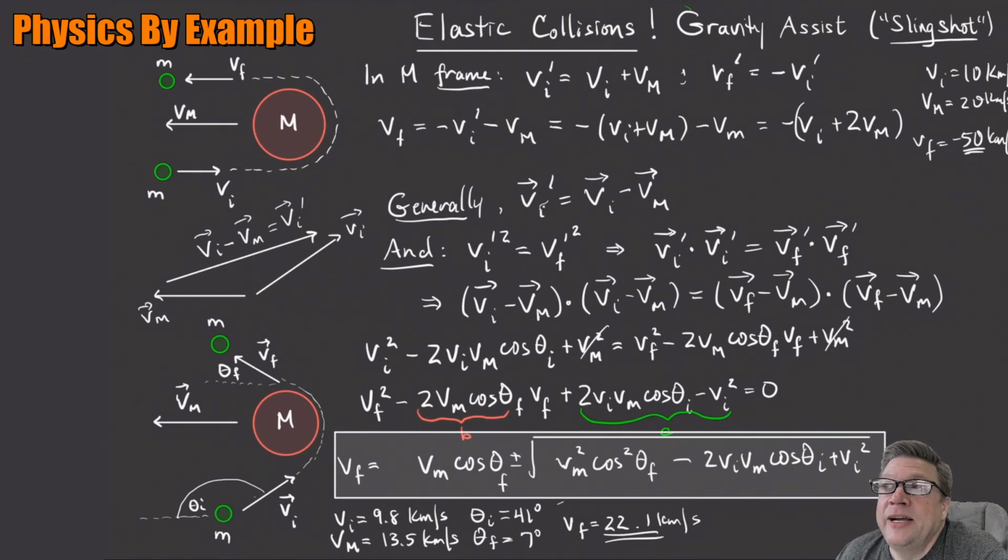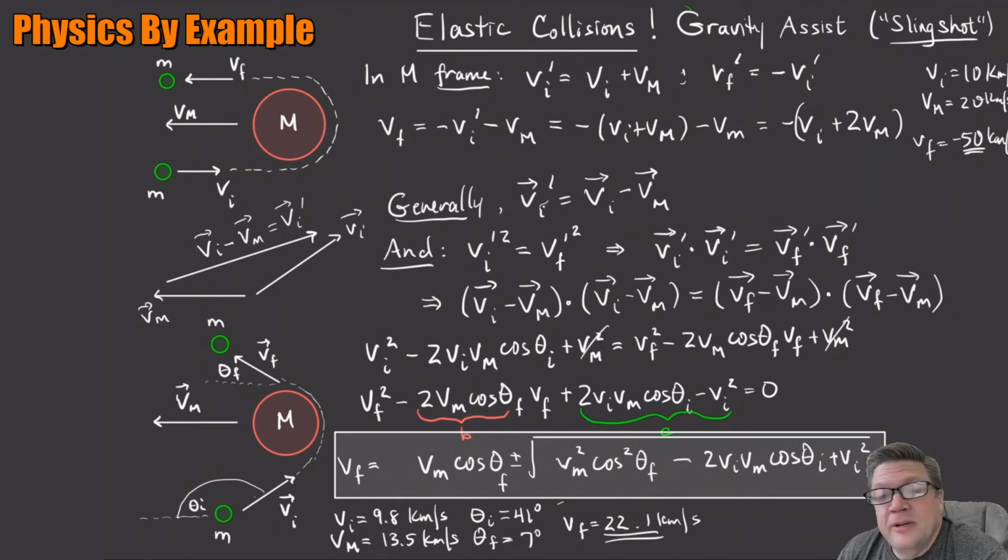And the final angle is 0, because I've got the final vector here and the planet's going in the same direction. So cosine of theta final, well, theta final is 0, so that's just going to be a 1. Okay, so you can take the limit of the complicated expression we have when theta final is 0 and theta initial is 180, and verify that you get the same thing that we got up there. So this expression has a good chance of being right.